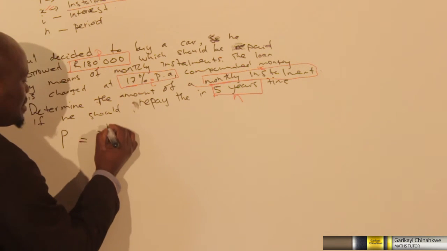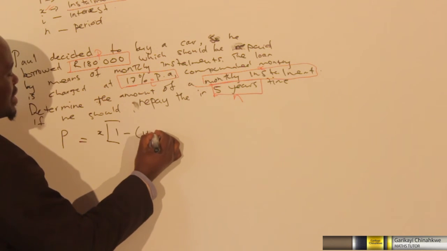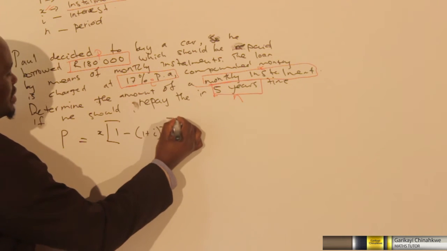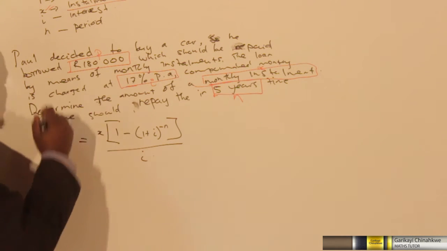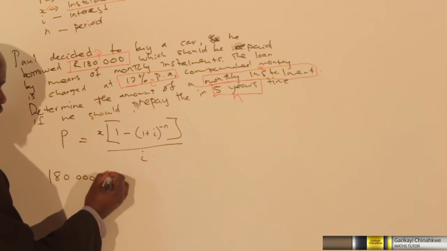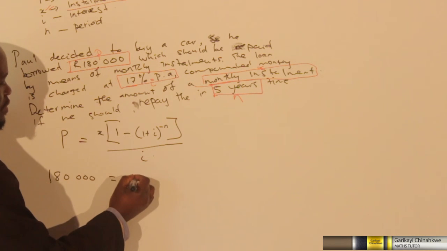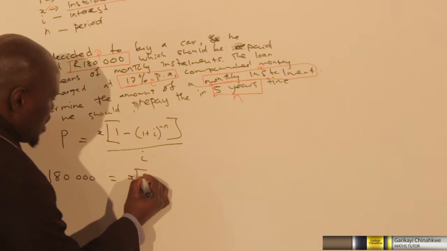So when it's monthly, we're going to say 1 minus 1 plus I to the power of negative N, all over I. Can you see that? Then, what is our P there? We see that our P is 180,000, equals our X. We are looking for X. How much is the monthly installment? That's what you're looking for.